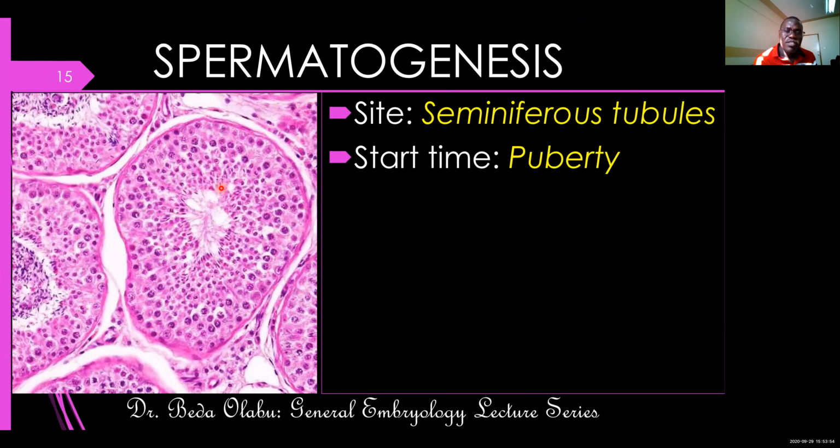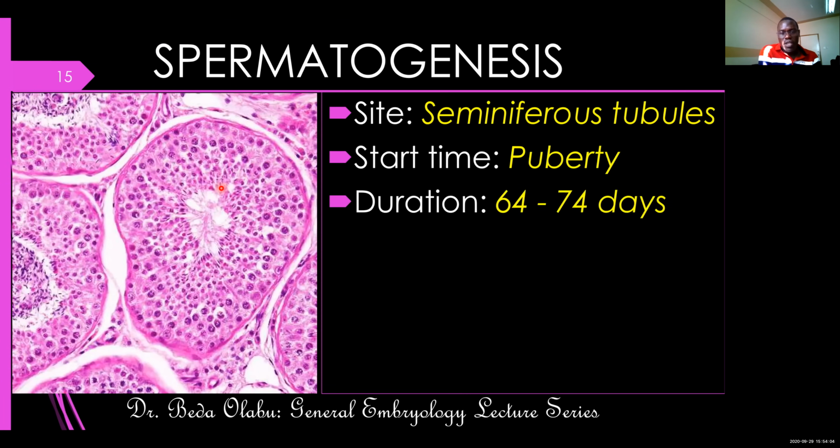That is when step 2, where mitosis is the primary thing, can now begin. It takes about 64 to 74 days to form a single sperm. Now, this is because of the process involved in forming that single sperm.